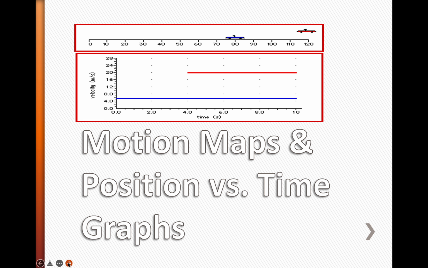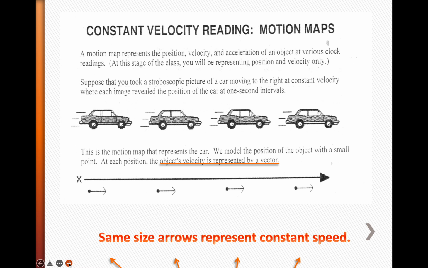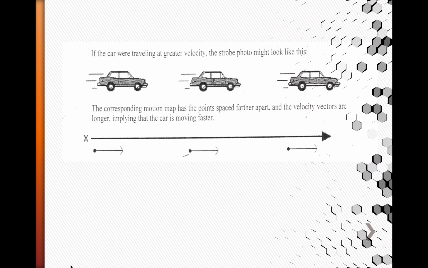We're going to end up doing a simulation with these motion maps on the physics classroom. So we've done these already. I think the same size arrows represent constant speed. We've talked about that. Arrow to the right, positive velocity.